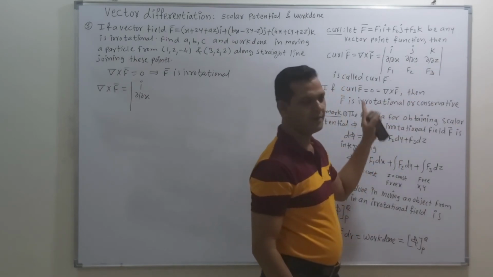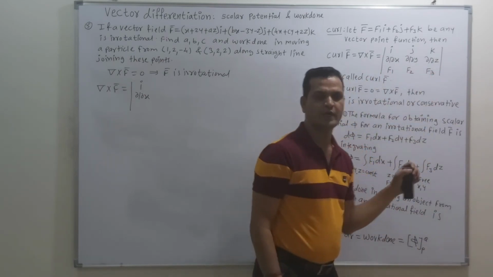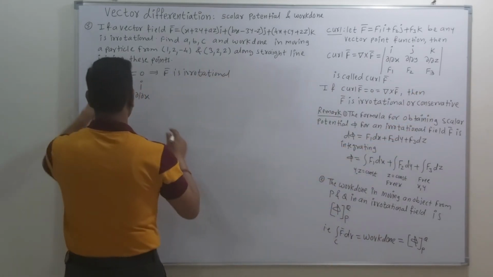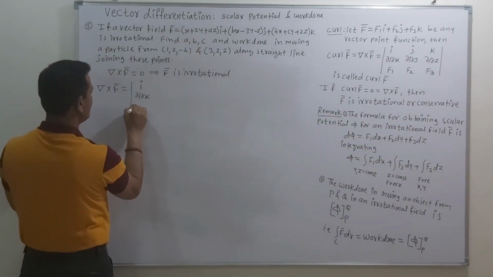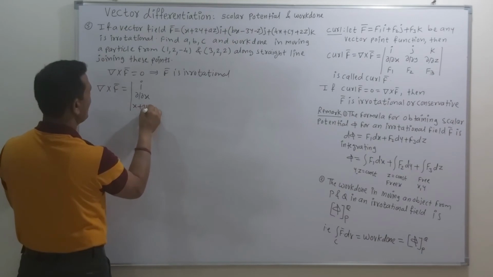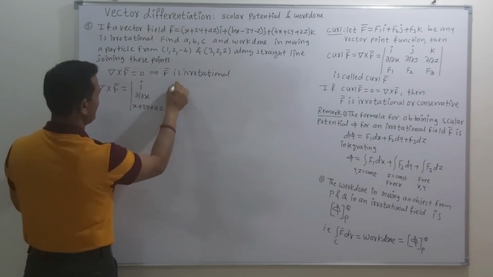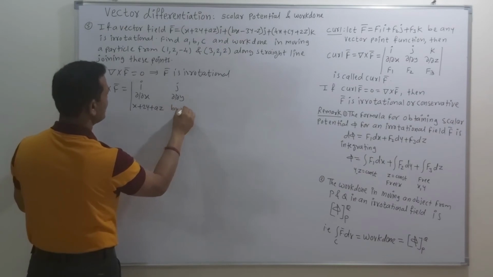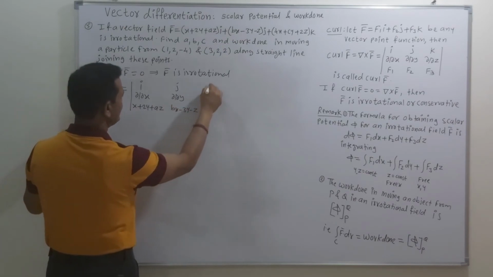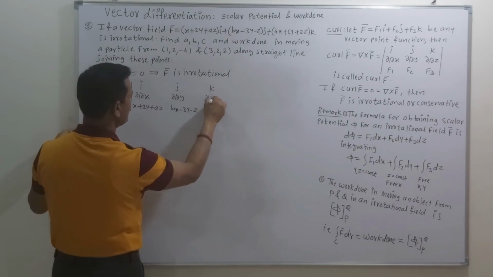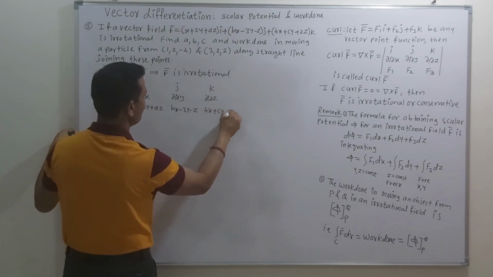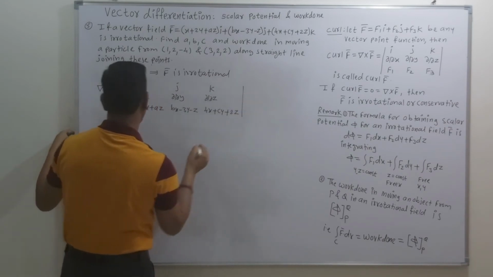First row is i, j, k, second row is partial derivative with respect to x, y, z, and third row is the value of f1, f2, f3. So now here the value of f1 is x plus 2y plus az, then f2 is bx minus 3y minus z, then f3 is 4x plus cy plus 2z.